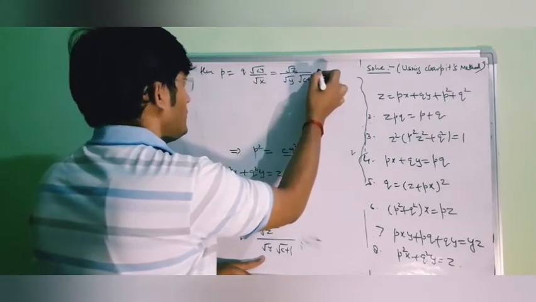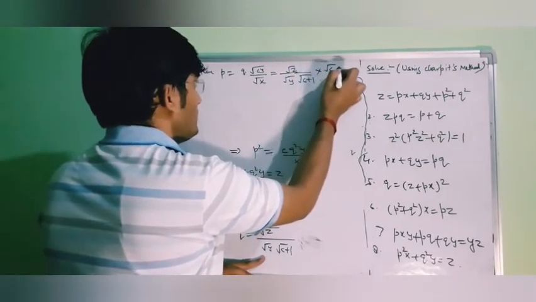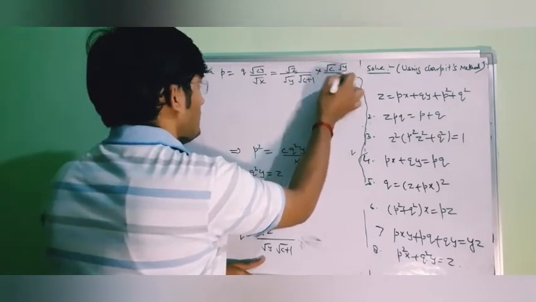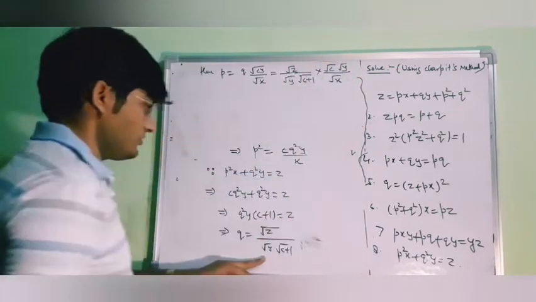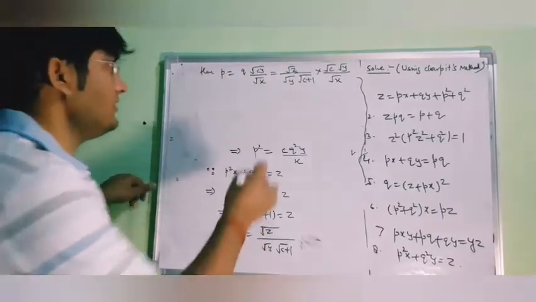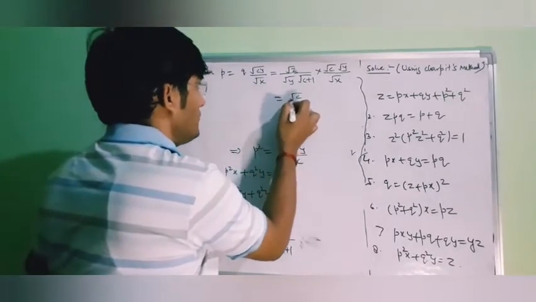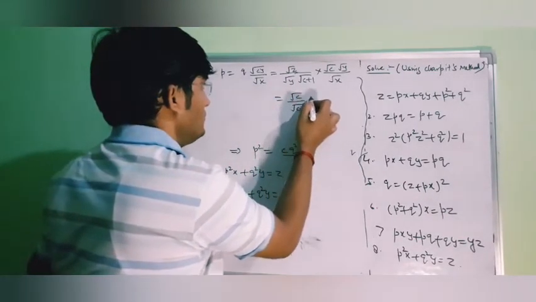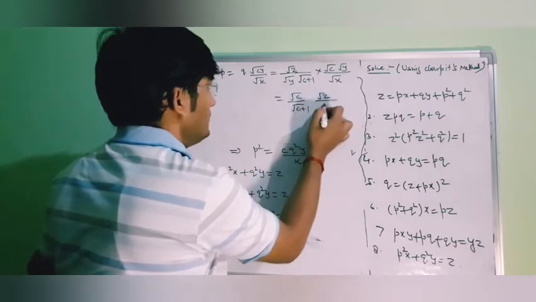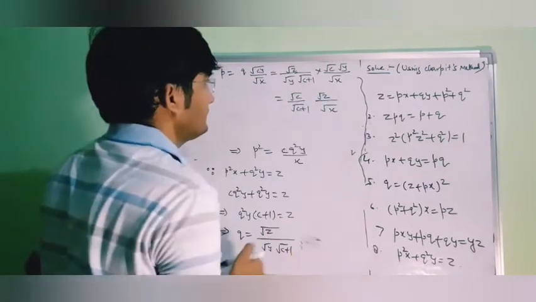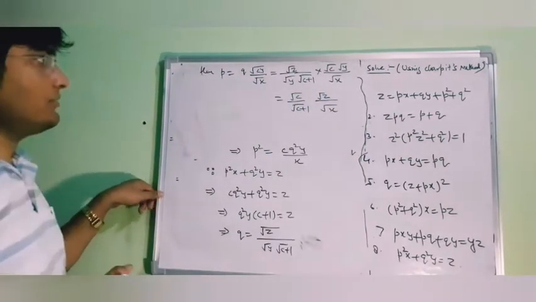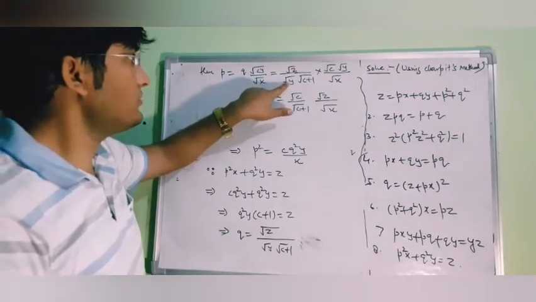This was the value of q, and into root c into root y upon root x. So you consider your root y is cancelled. So this is equal to root c upon root c plus 1 into root z upon root x. So we have these 4 terms, and this root y is cancelled.